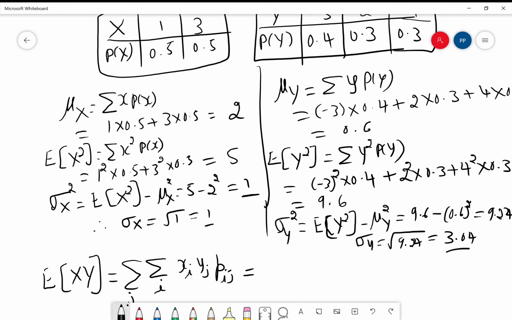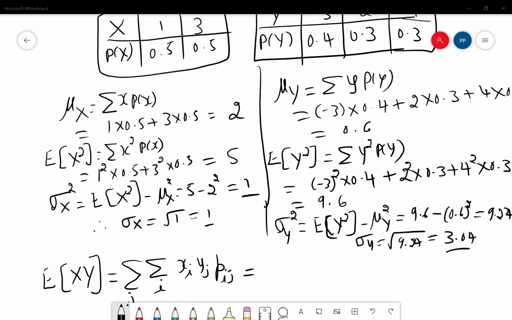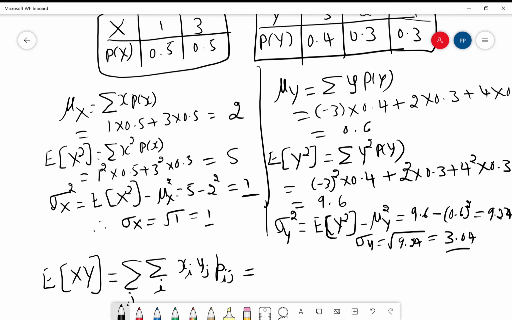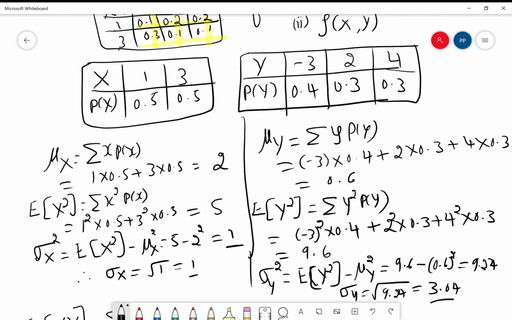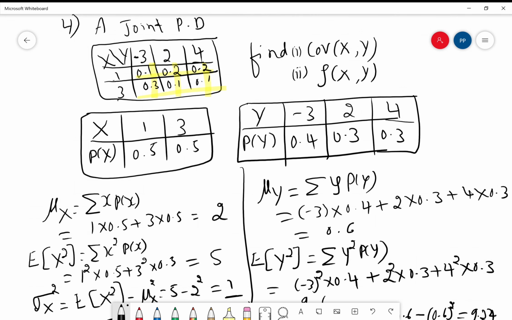How to find out this e of xy? Instead of the double summation, we can understand this very easily. You take this distribution, which is the joint probability distribution.